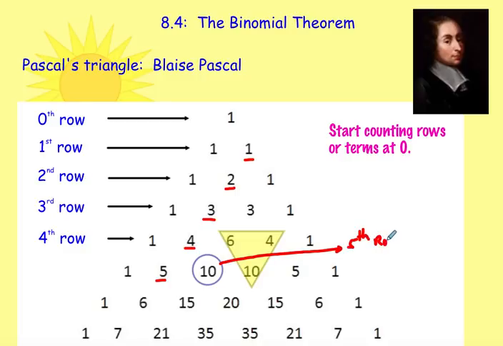Okay, 5th row, and it is not the 3rd term because we start counting with 0. So this would be the 0 term, 1st term, 2nd term. So this is in the 5th row, and it's the 2nd term. Just remember to always start counting with 0. And I have that up here.